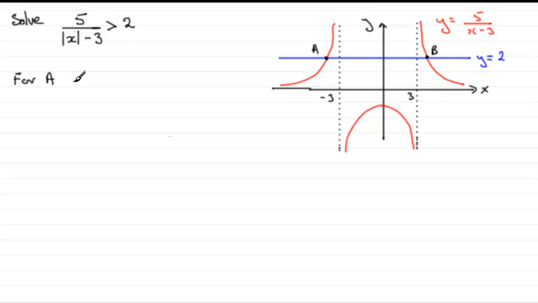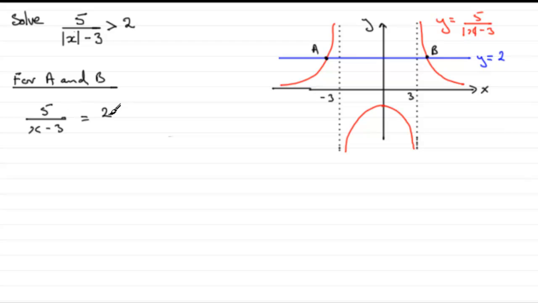So for A and B, what I would need to work out is where 5 over x minus 3, by the way, I should really put that in as a mod now, 5 over the mod of x minus 3. But what I can do is just equate these two together. So I can just say 5 over x minus 3 equals 2.